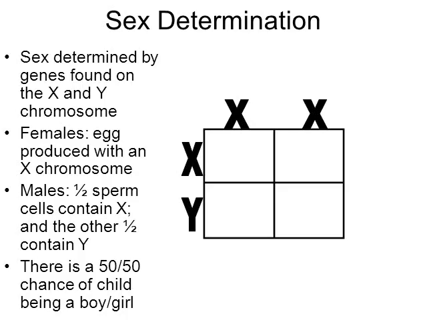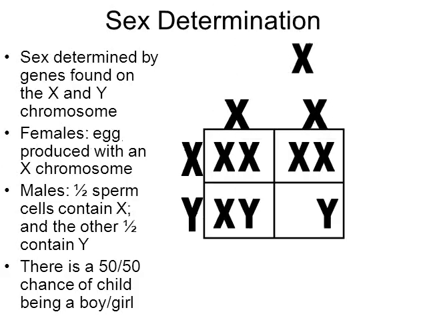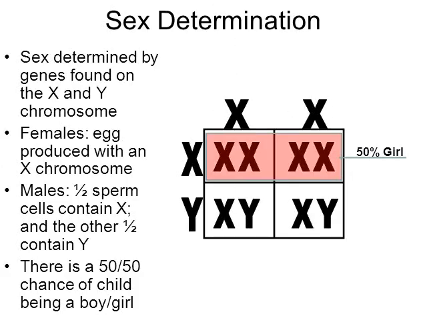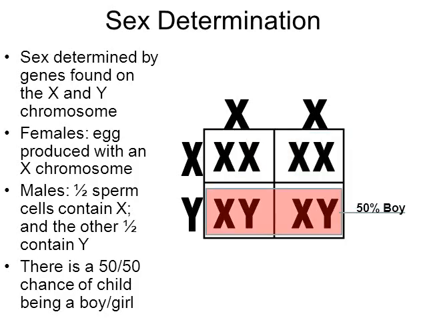If we treat the X and Y chromosomes like we see in the Punnett square, and then fill in the Punnett square, you can mathematically see there's a 2 out of 4 chance that a person will be born with the XX chromosome combination. That would be a girl. There's a 2 out of 4 chance that a person will be born with an XY chromosome combination. That would be a boy. So there you go, 50-50 chance of a child being born a boy or a girl.